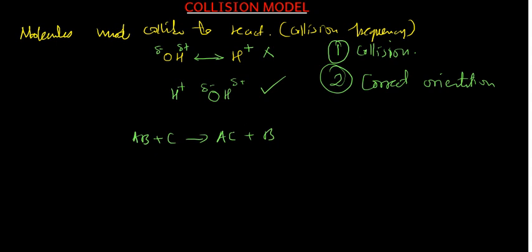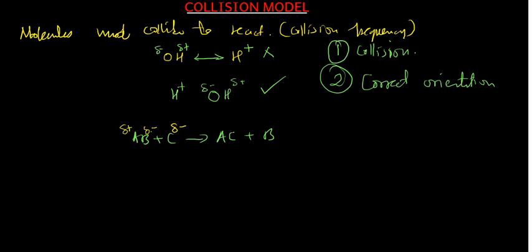For this reaction to happen, these compounds have to collide. That means if C has a partial negative charge, B should have a partial negative charge also, and A should have a partial positive charge. As we can see, this one has a negative charge, and this is also negative. That's why B has been removed, because it also has a negative charge. So C wants to get with this one which has a positive charge. That's why AC is formed there.